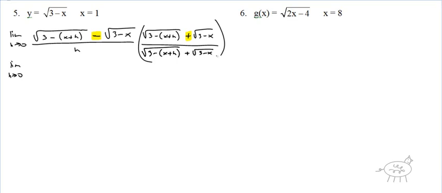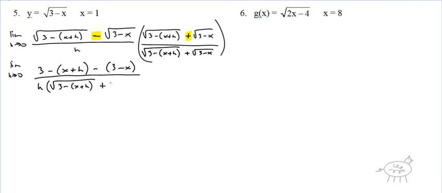of 3 minus x. Okay, so then when you do the limit, of course the conjugate cancels, and you wind up just getting 3 minus x plus h, and then minus 3 minus x, all over h times the square root of 3 minus x plus h, plus the square root of 3 minus x.